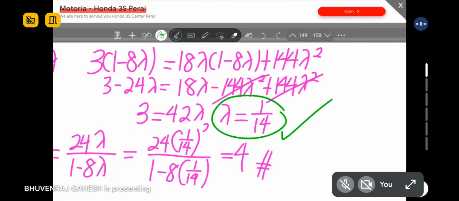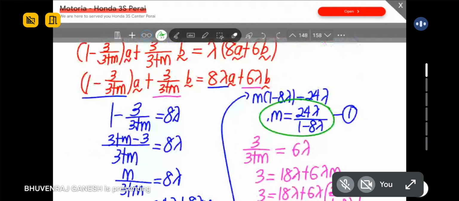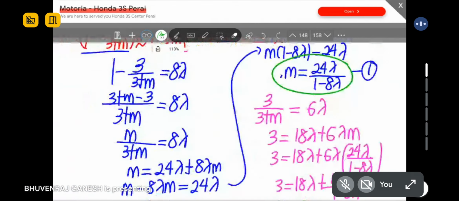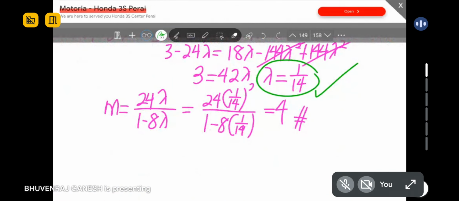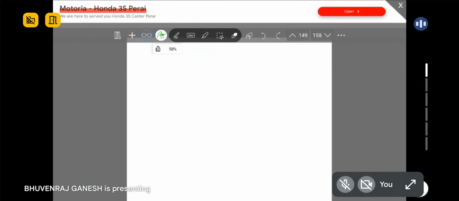Setuju kan? If you understand how I got 1 over 14, then it's just substituting back only. Ganti balik in your equation. Amma, Nukman? Boleh? Any problem? Alright.